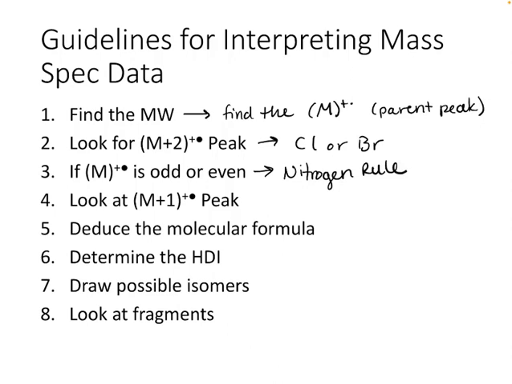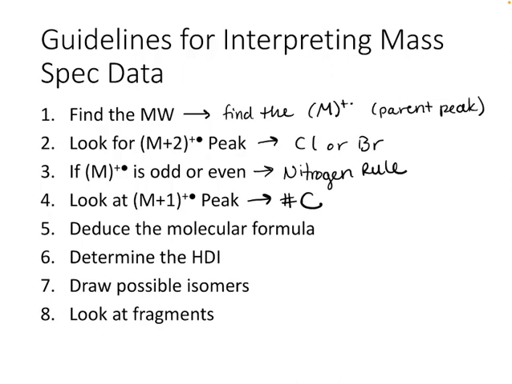Next, look at the M+1 peak and also look at the data to find the relative abundance of the M+1 peak. That can tell you the number of carbons. Remember, we had a whole equation for that, so you might want to go back and look at your notes to figure out the equation for the number of carbons.